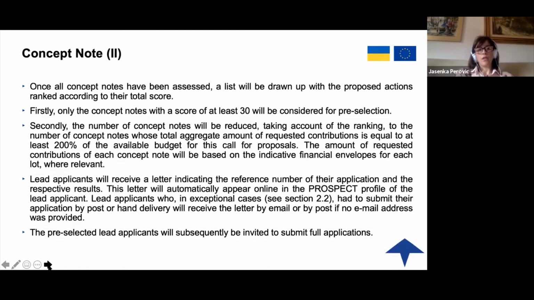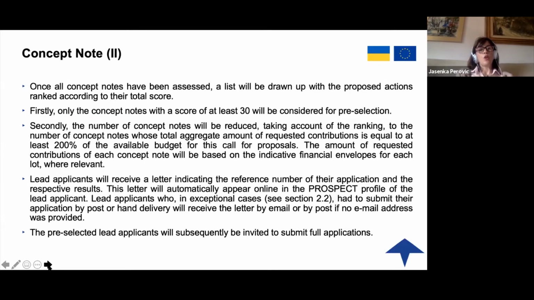Once the concept notes have been assessed, those that have more than 30 points will be taken into consideration for further evaluation. Depending on the volume of submitted concept notes, the contracting authority usually tries to create a list of concept notes that will have, in terms of financial value, 200% of the overall budget available.